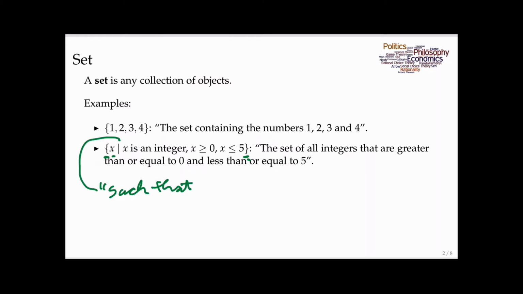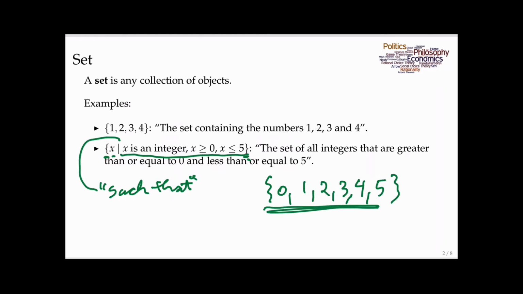So the set of all x such that, and now we'll write down a property that all the x in this set have. So here's the property we're interested in. x is an integer, x is greater than or equal to 0, and x is less than or equal to 5. So that's really just the set 0, 1, 2, 3, 4, and 5.